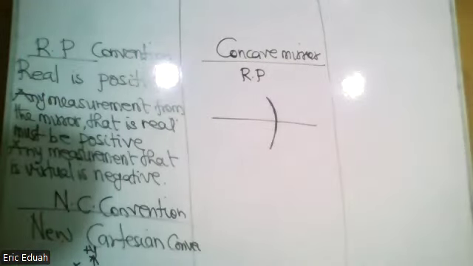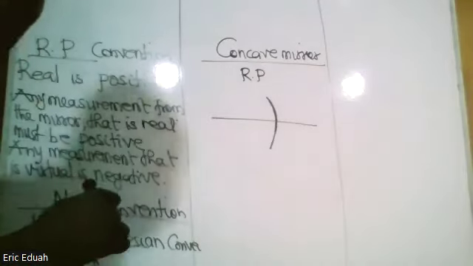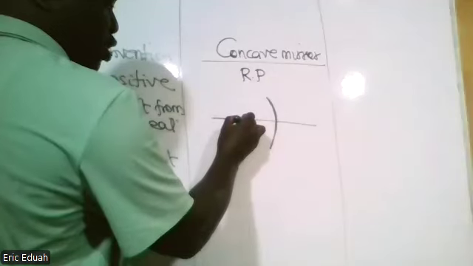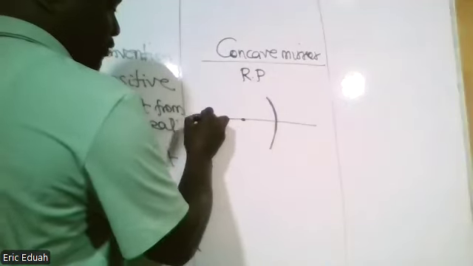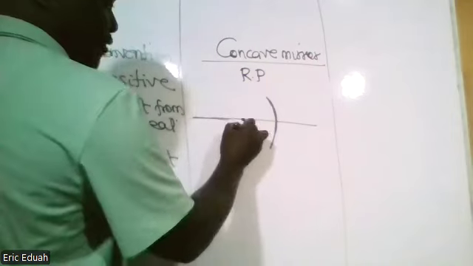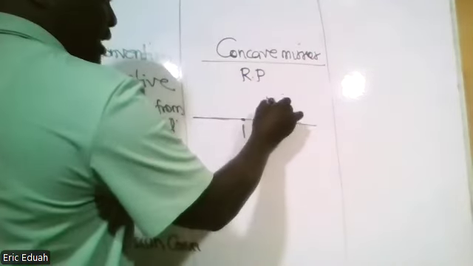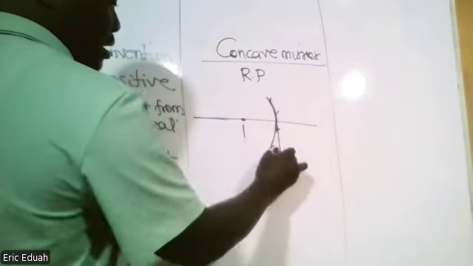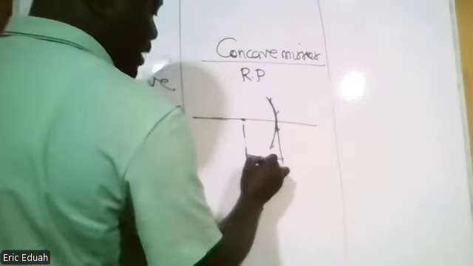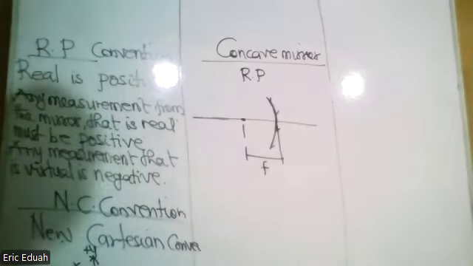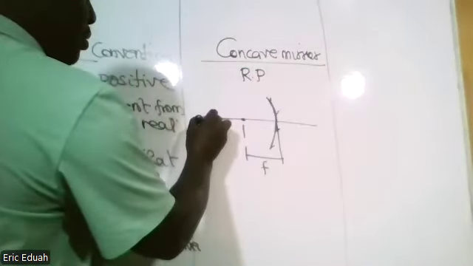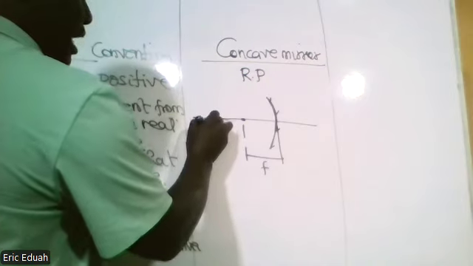A converging mirror has a real principal focus because paraxial rays actually converge in front of the mirror. So as for convergent or concave mirrors, F is real. It also has a real center of curvature.